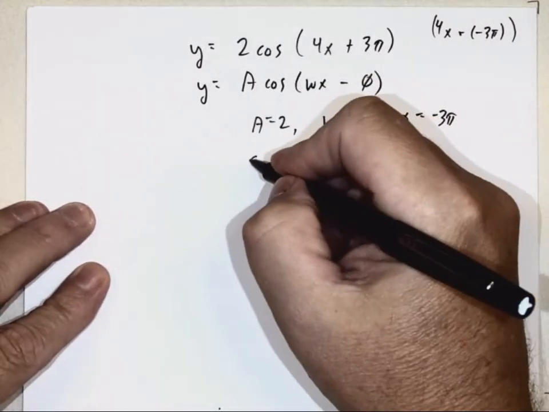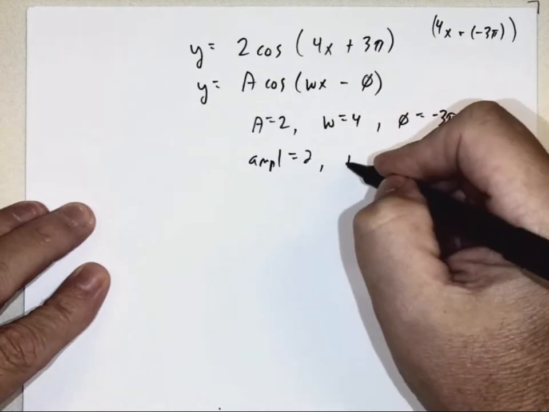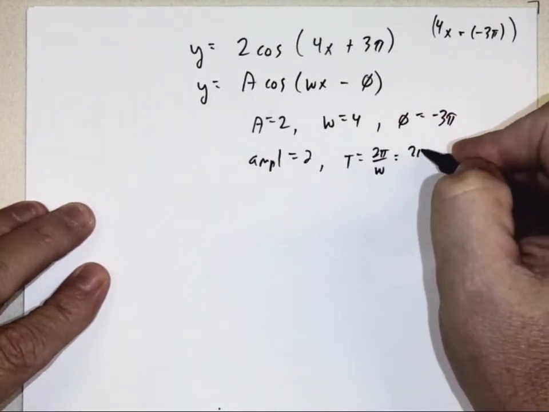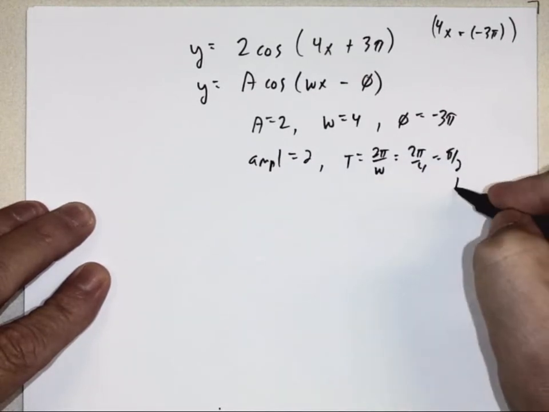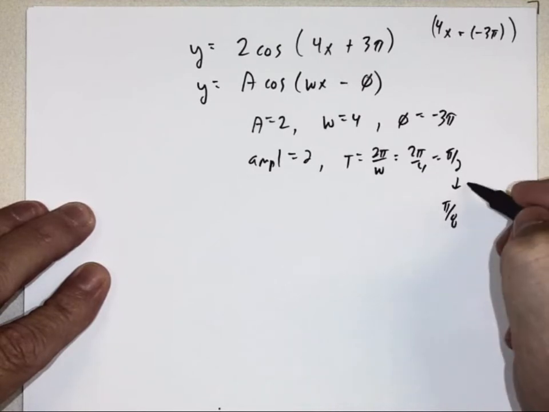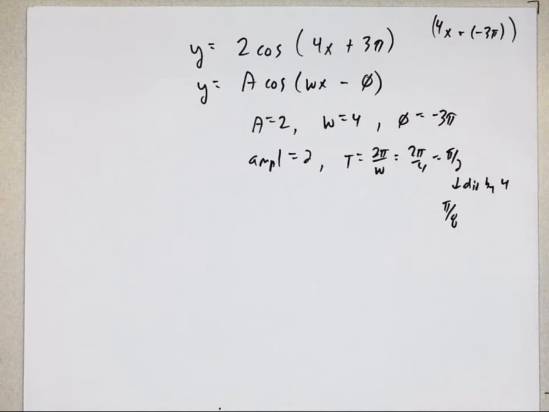So now, the amplitude is 2, and the period we can calculate. Divide by 4, actually. Each tick is pi over 8.